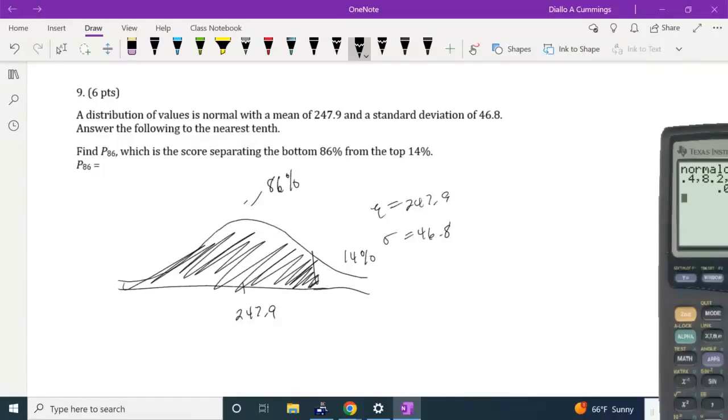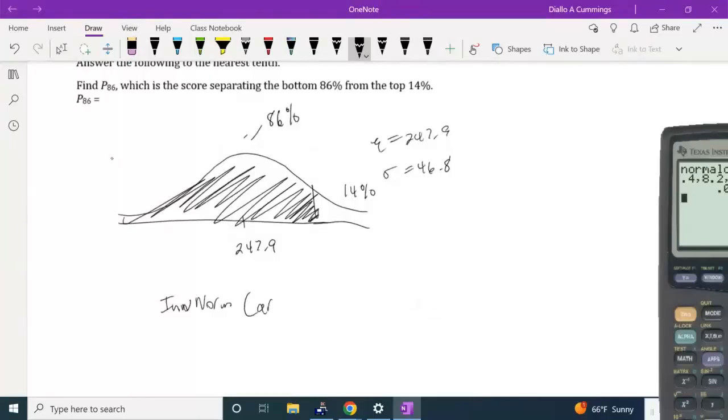Okay. So since we're given an area and we want to find a value, we're going to use that inverse normal function. So remember, for the inverse normal function, you must put in the area to the left, the mean, and then the standard deviation.